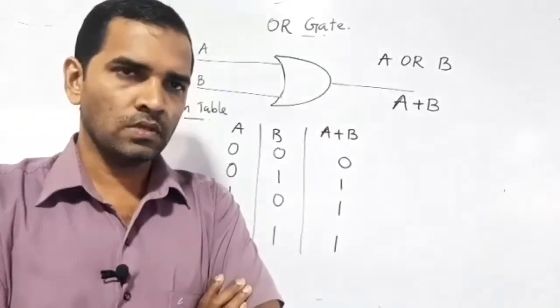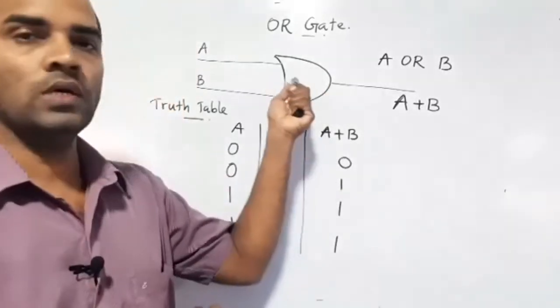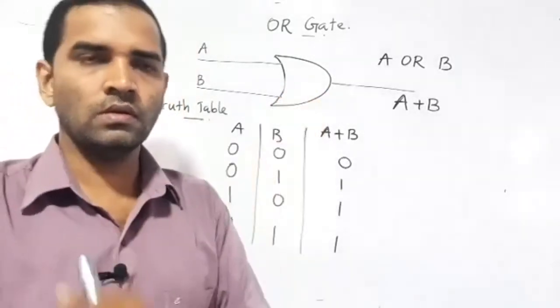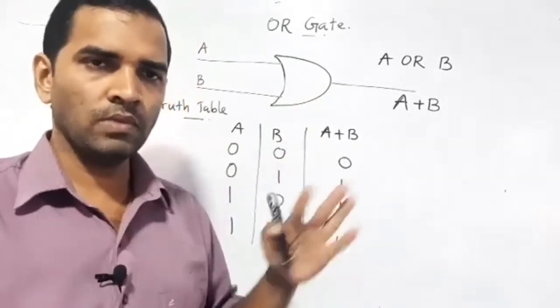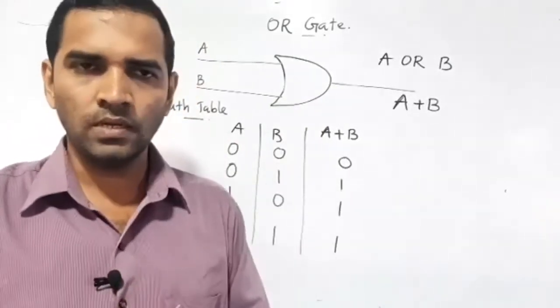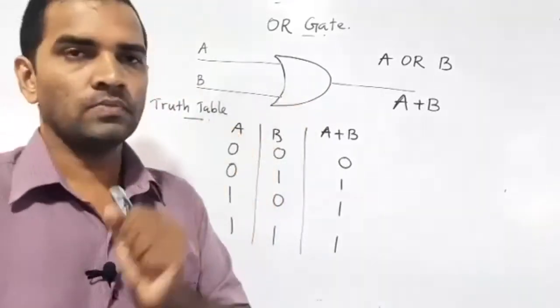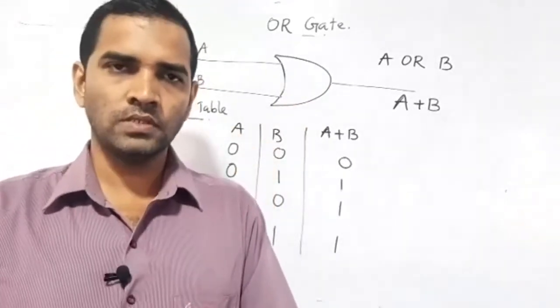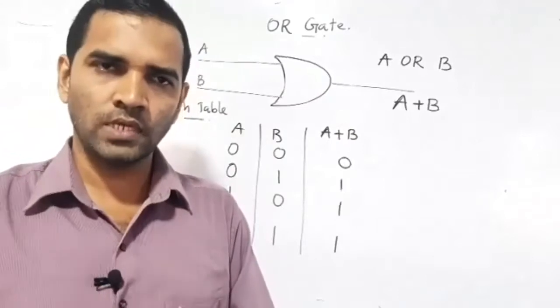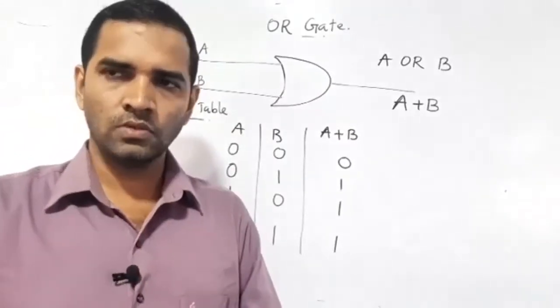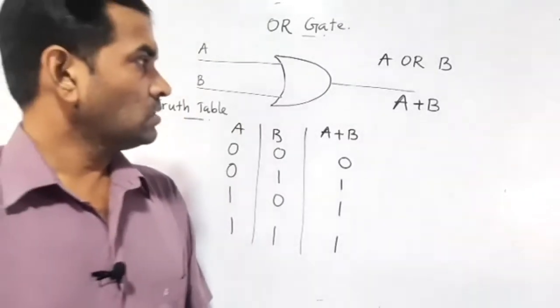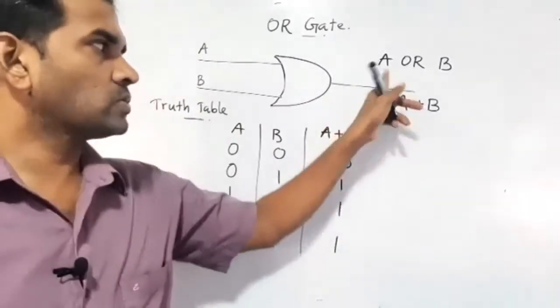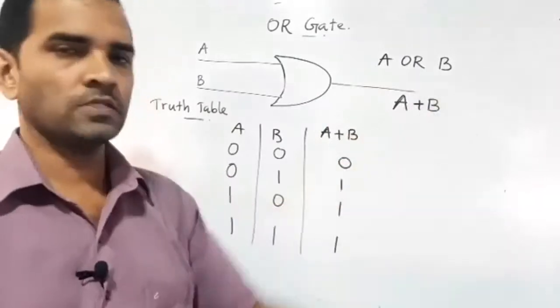Don't use pens. Particularly when you are drawing the symbol, use pencils. Maybe the truth table can be constructed with a pen, but for the symbol, use a pencil because you have to erase sometimes. So pencil is the best option. Write both outputs, A OR B and A plus B, both the same.